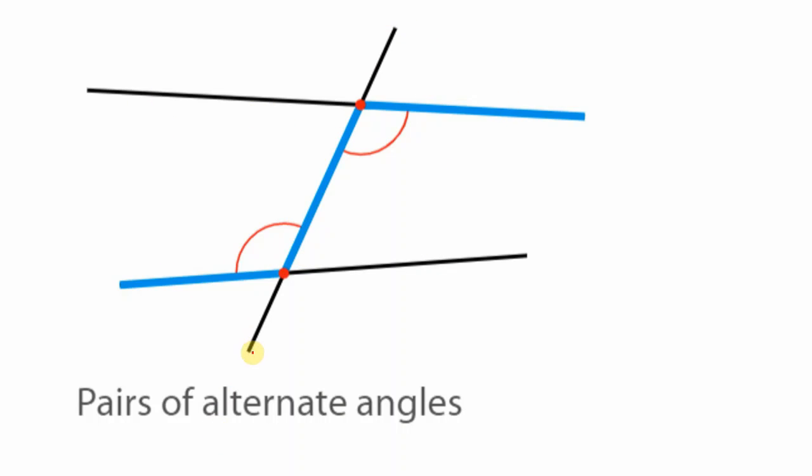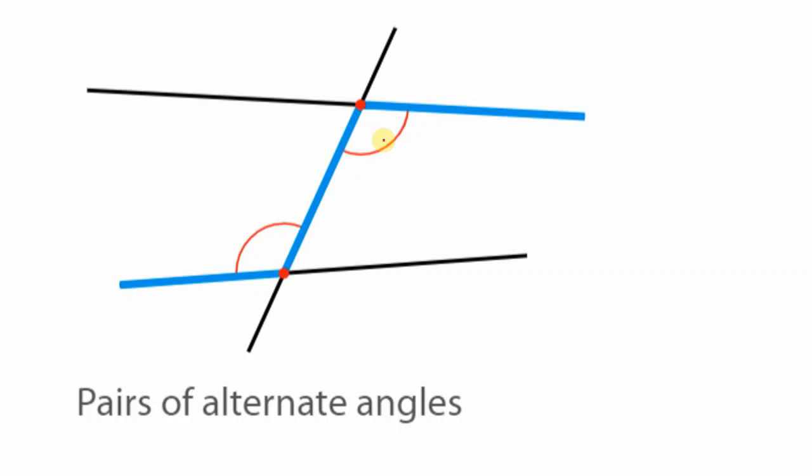Now notice we have this angle here indicated in red on the left hand side of the intersection, and on the other side, the right hand side, we have another angle in red. So these two angles we refer to as alternating because they are on opposite sides of the transversal.